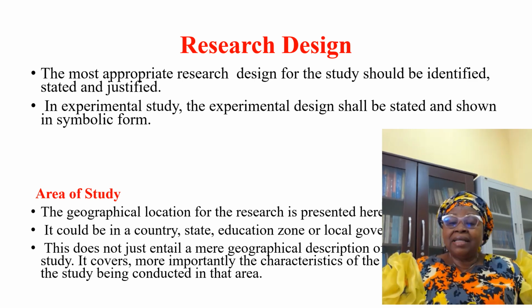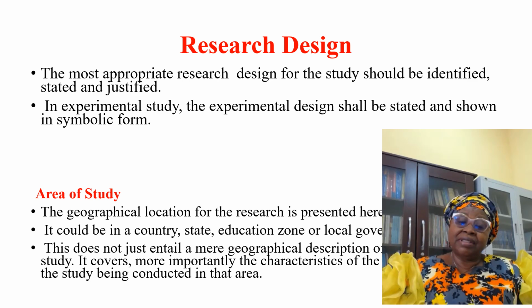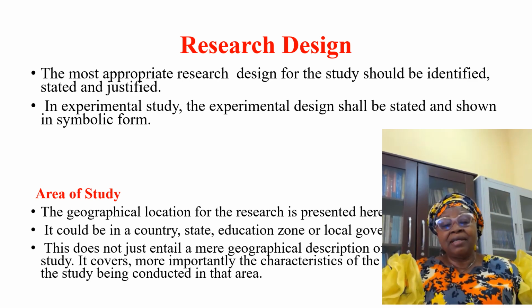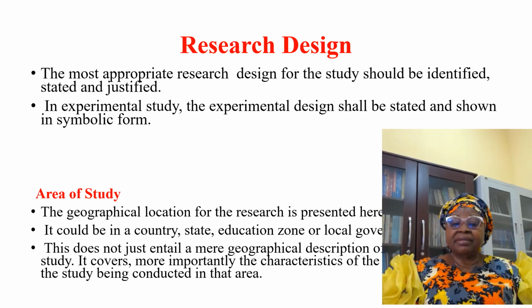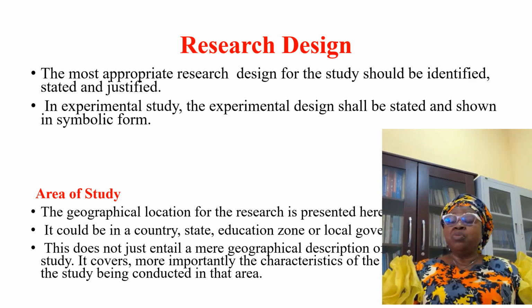It could be a country, a state, education zone, or local government area. This does not just entail a mere geographical description. It covers, more importantly, the characteristics of the area that justify the study being conducted there. So the characteristics of that area that relate most to your study need to be highlighted.